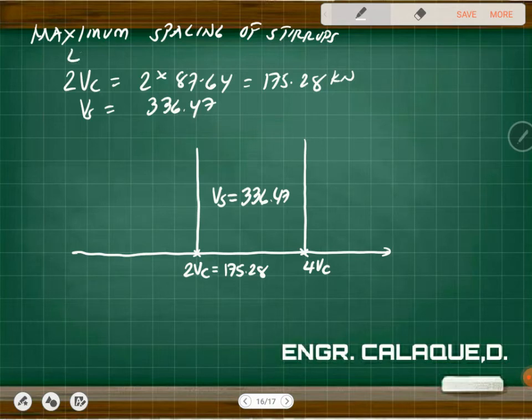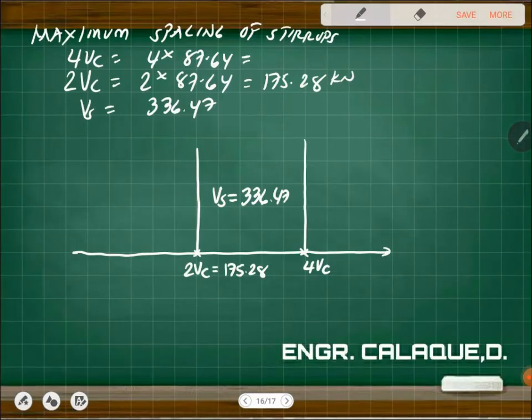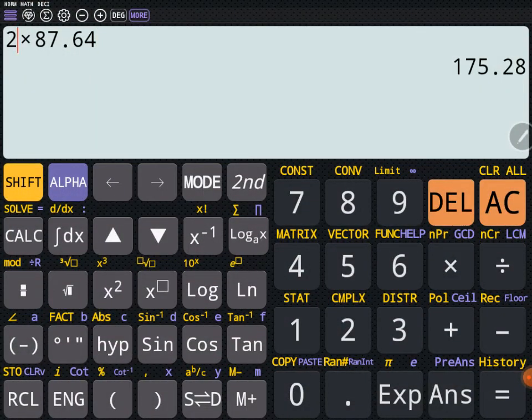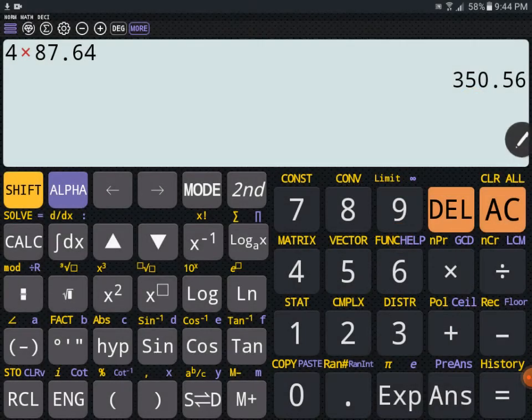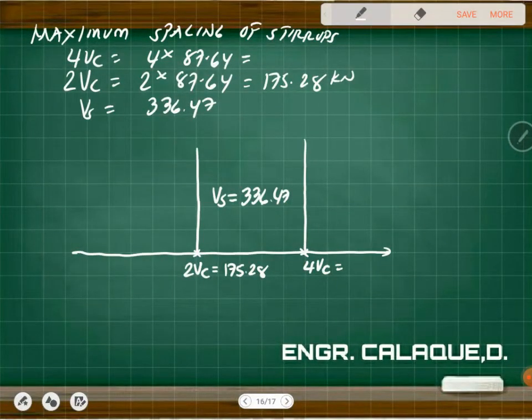Ilan yung 4 VC? So, 4 times 87.64, we have 350.56. So, in between siya, so walang problema. So, pag dito ka banda, di ba? Alam ko na, dito siya no? So, ito yung not allowed sa code.